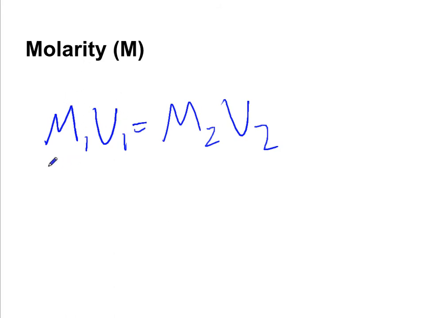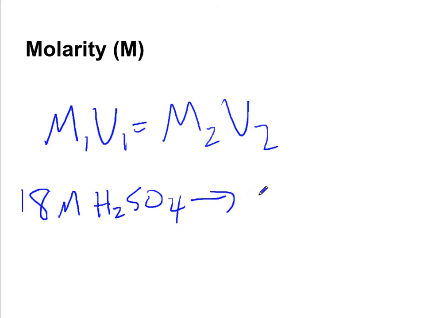So let's say that I want to dilute 18 molar sulfuric acid. I want to dilute it down to 6 molar, and I want to make 2.5 liters of it.